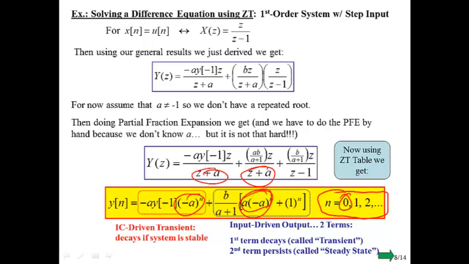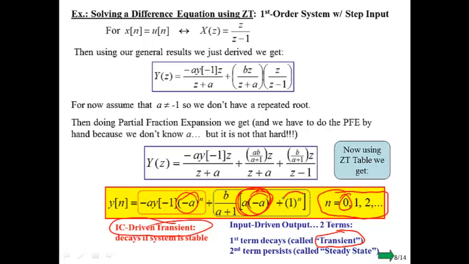Now we also see that if the system is stable, that pole is inside the unit circle, and therefore this term would decay and this term would decay. So we have an IC-driven transient. We also have an input-driven transient that ultimately dies away if the system is stable.